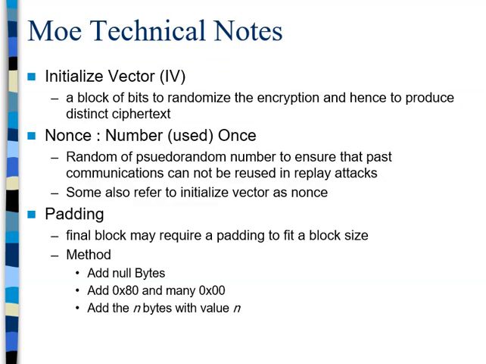Before starting, we need to review some taxonomies and some words. First of all, initialization vector or IV. IV is a block of bits to randomize the encryption and produce distinct ciphertexts.